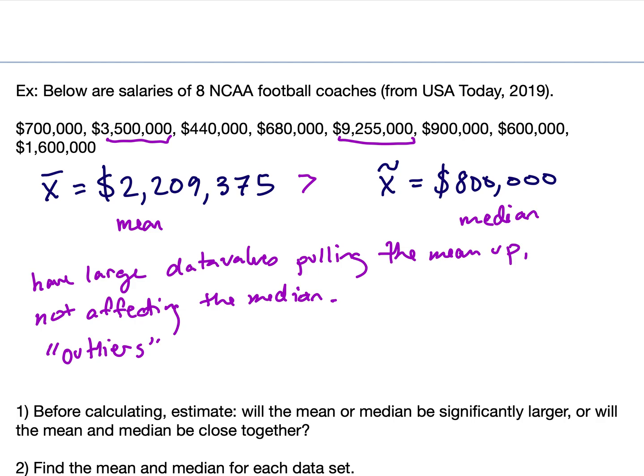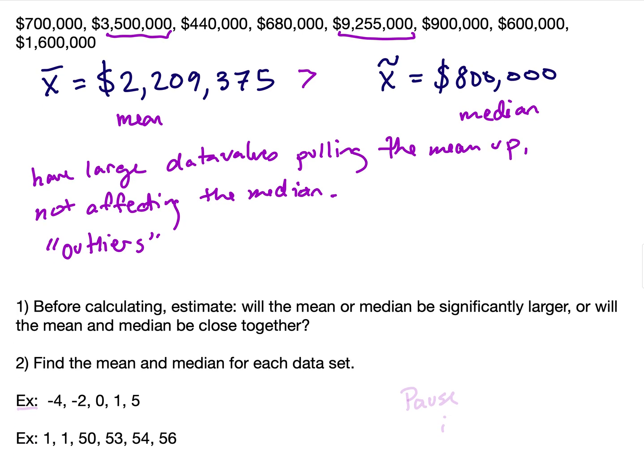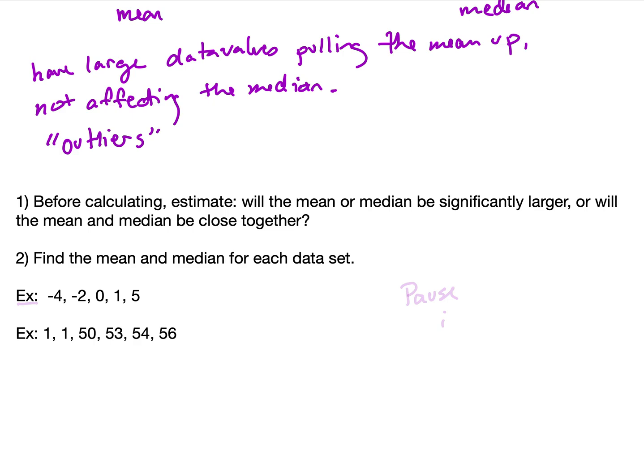Okay, let me give you an example to try. Before calculating, I'd first like you to estimate. Look at each set of data, and within that set, will the mean be a lot larger than the median? Will the median be much larger than the mean? Or will the two values be pretty close together?